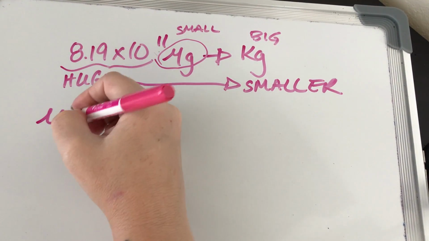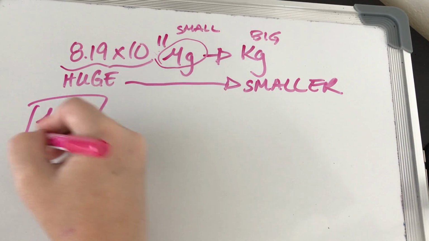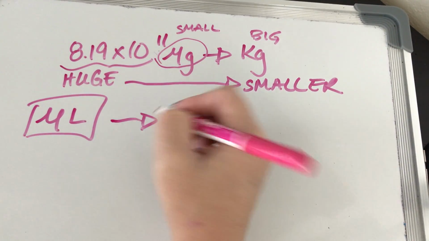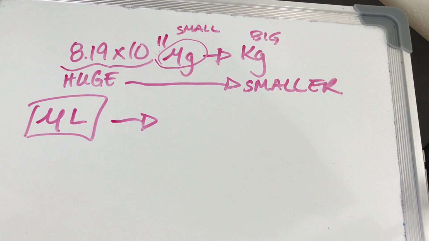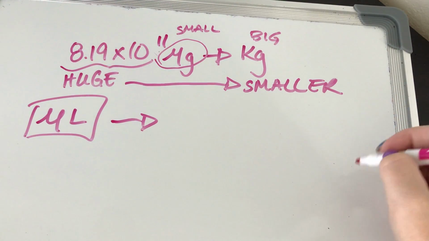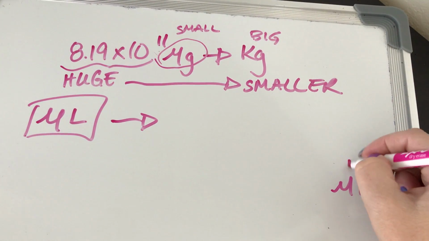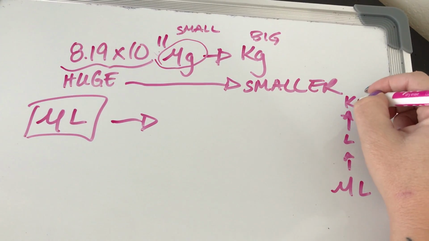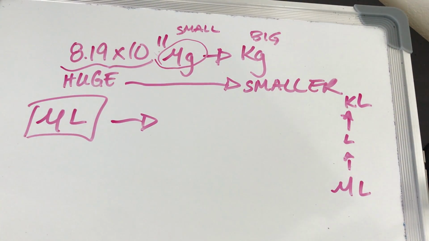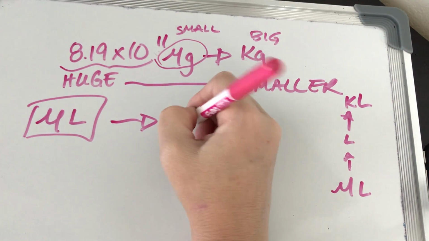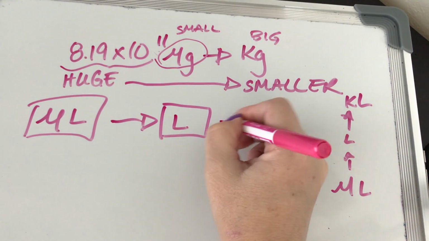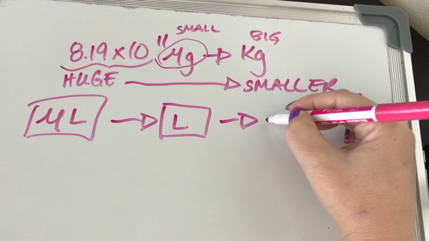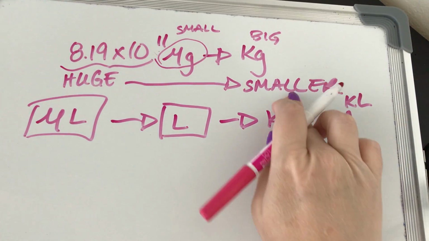So let's do our map. We have micrograms. We got to go to our base unit first, right? So now we're going from micrograms up to grams, and then we'll go up to kilograms.